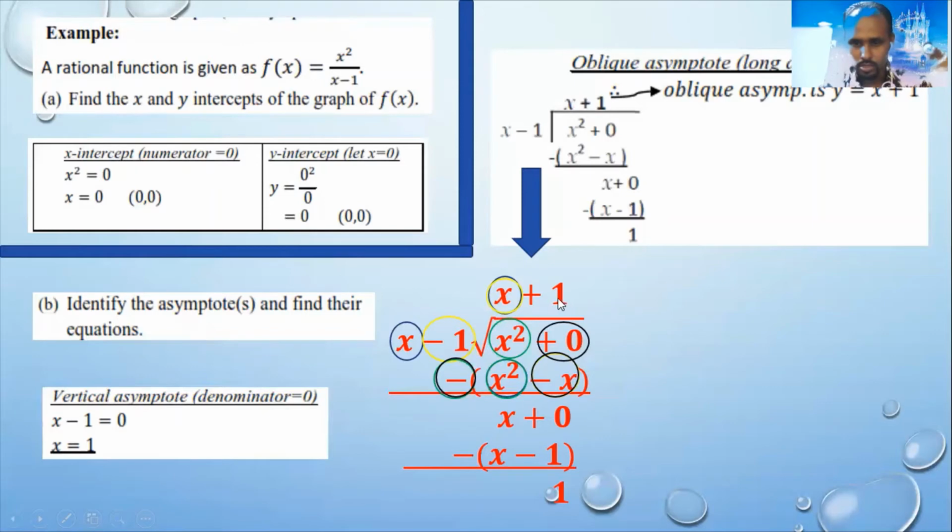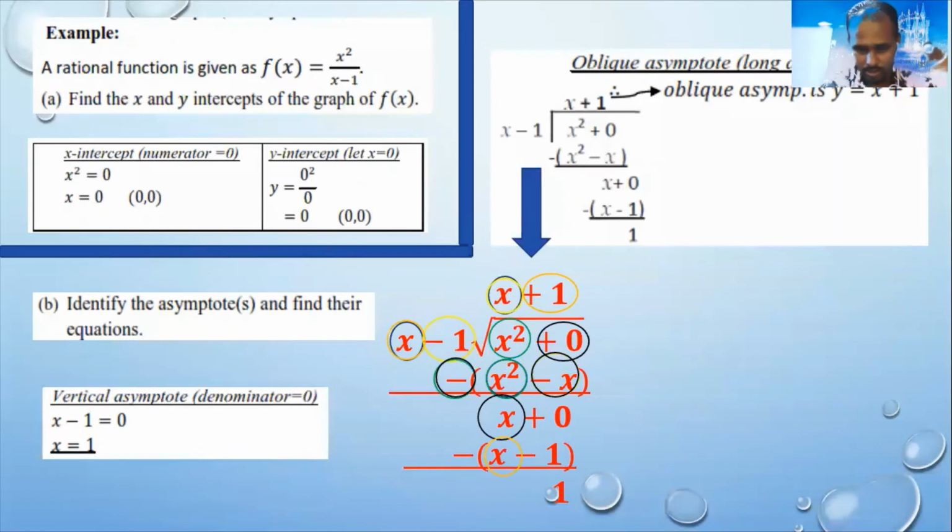So the answer we're getting is positive 1. Let me show you. Positive 1 times x is x, right? 1 times x is x.